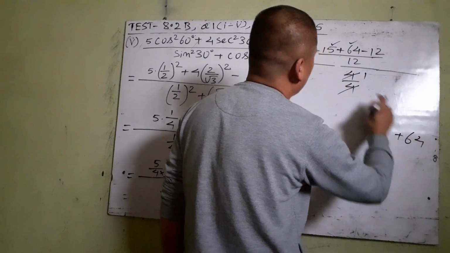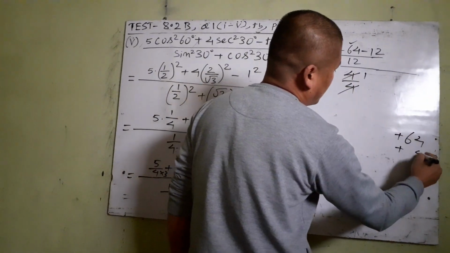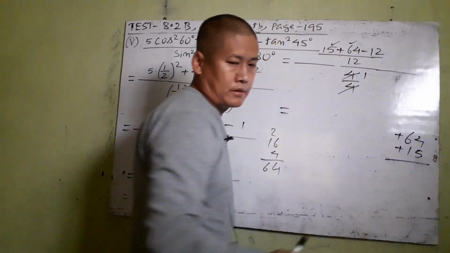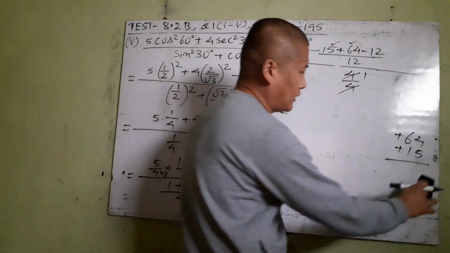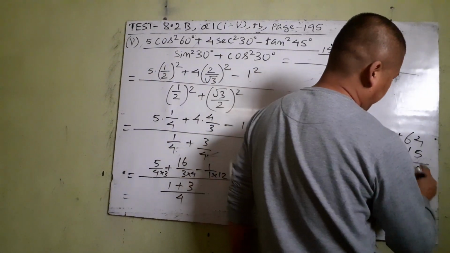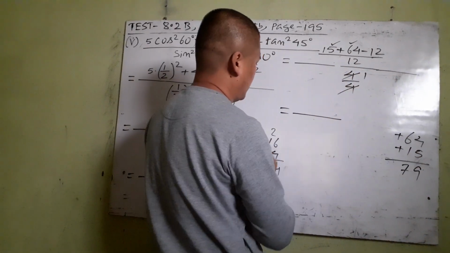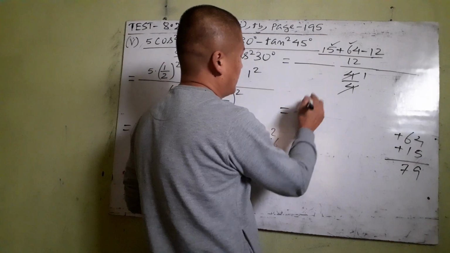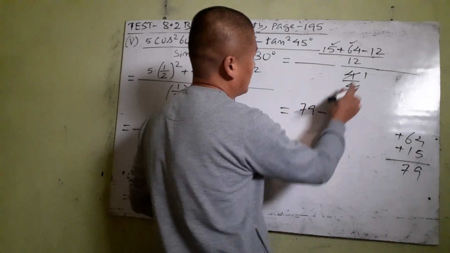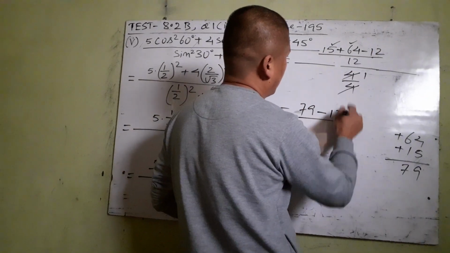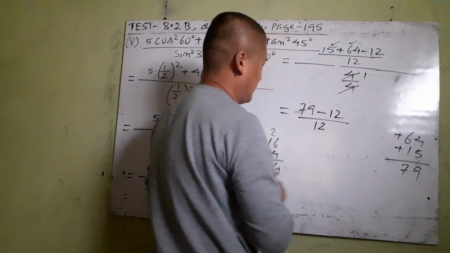Plus 64. And no sign means plus 15. Plus means we add, we know that. 4 plus 5, 9. 6 plus 1, 7. So we write here, without this line anymore, 79 minus 12.